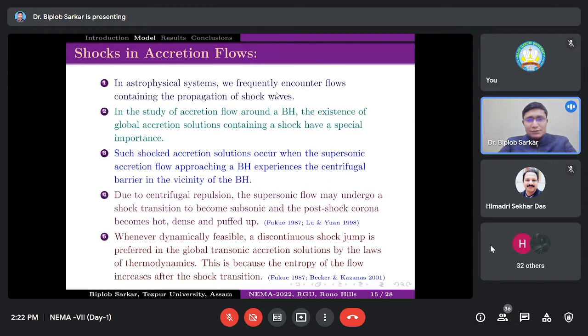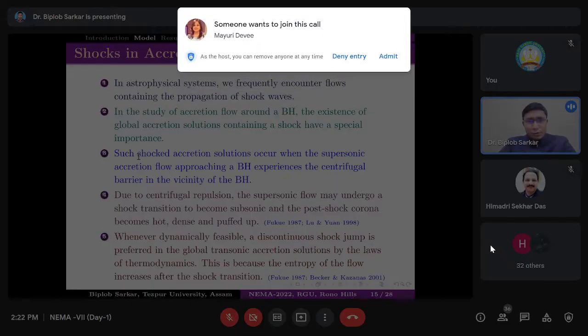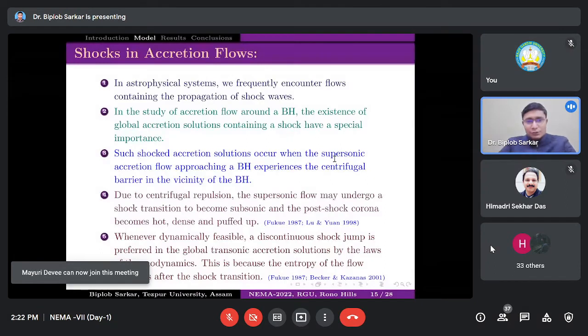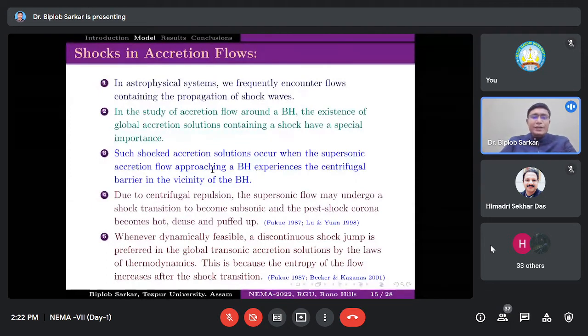Okay, all these features can be very well explained through the shock phenomenon of formation of shock waves. Now, when do the shock waves occur? Such shock accretion solutions we can get when the supersonic accretion flow, which approaches a black hole, experiences a centrifugal barrier in the vicinity of the black hole.